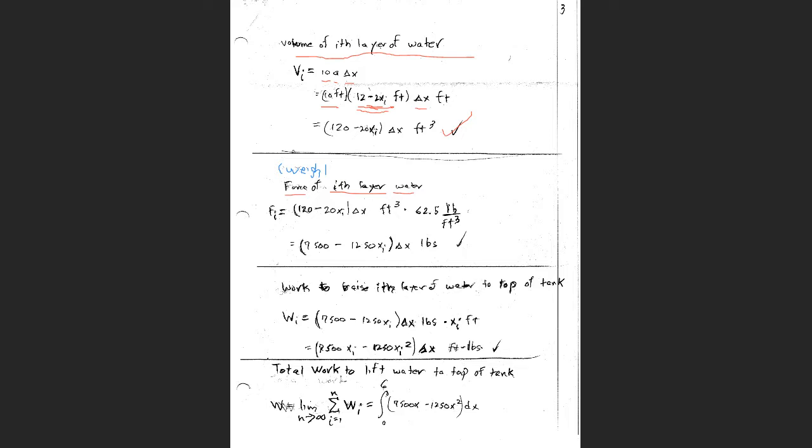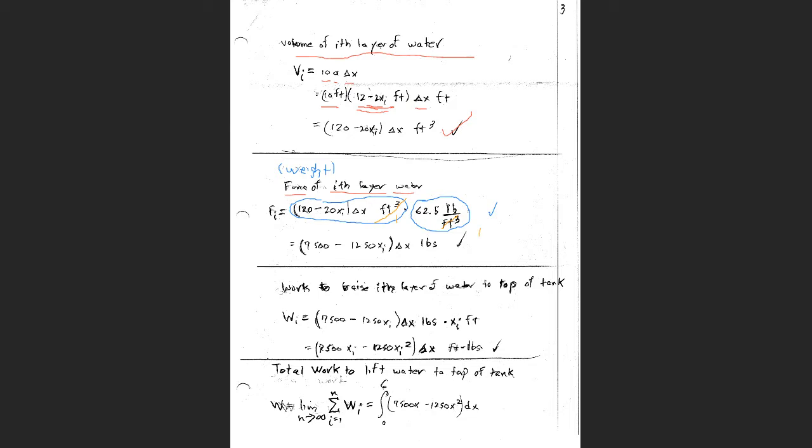Well, what we're going to do is take the volume of the ith layer of water and multiply it by the weight density of water. Notice when we do that the cubic feet simplify out and we're left with pounds.